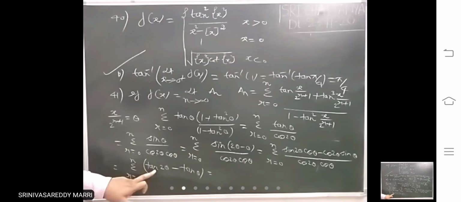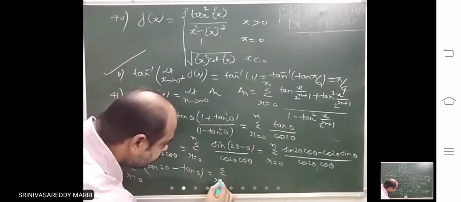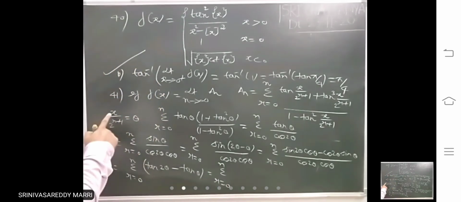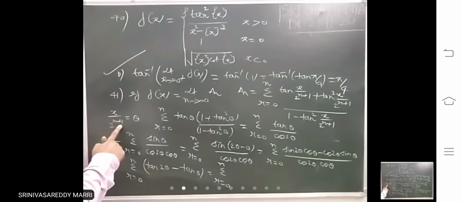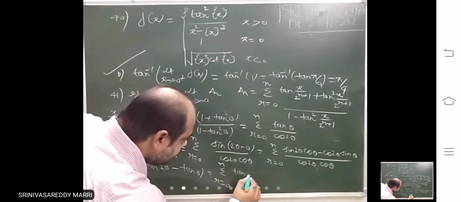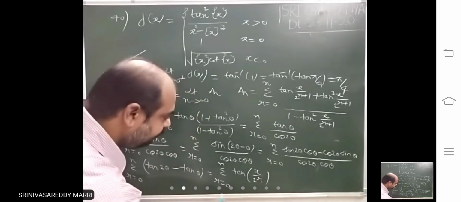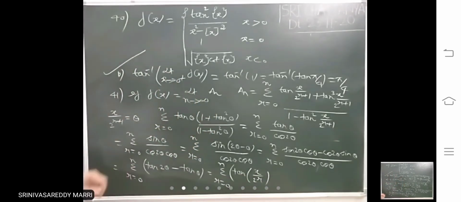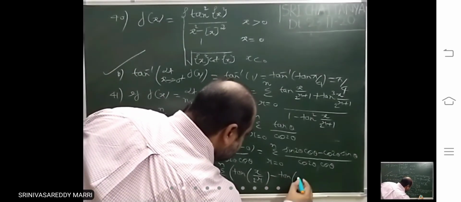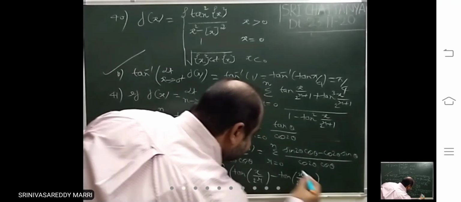So this is 2 into x by 2 power r plus 1, which is x by 2 power r into 2, and the 2 gets cancelled. So tan of x by 2 power r minus tan of x by 2 power r plus 1.